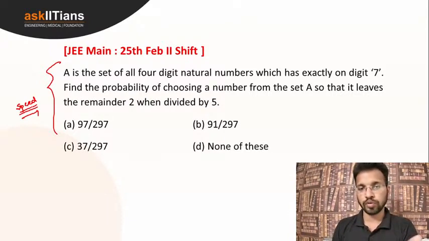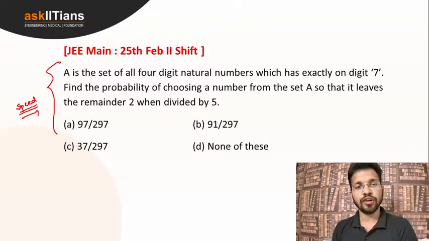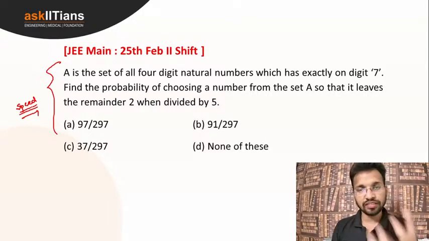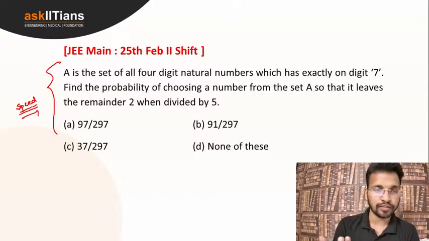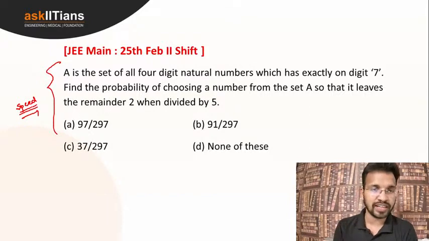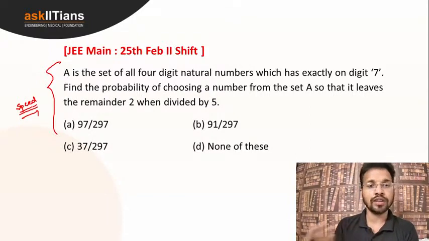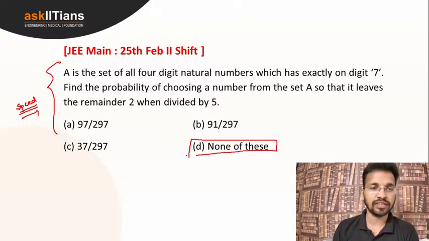But the earlier two questions could have been done well under 1 minute. This question involves case working, and it takes time, and with exam pressure, even if one case gets missed we get a lot of variation in the answers, and plus none of these is there, which makes it even tougher.